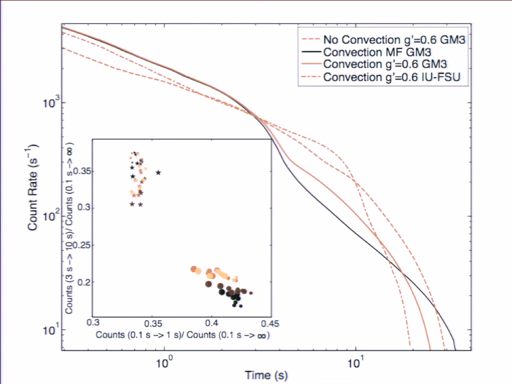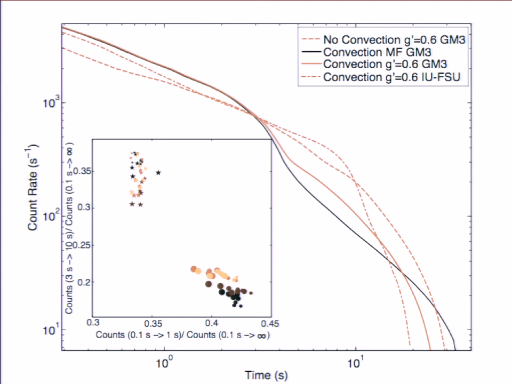In the solid line, there's a break in the luminosity at the time when convection ends in this proto-neutron star. In the dashed line, which is for IUFSU, there's also a break when convection ends, but because it's ending at later times, the time at which this break occurs depends on what the derivative of the symmetry energy looks like.